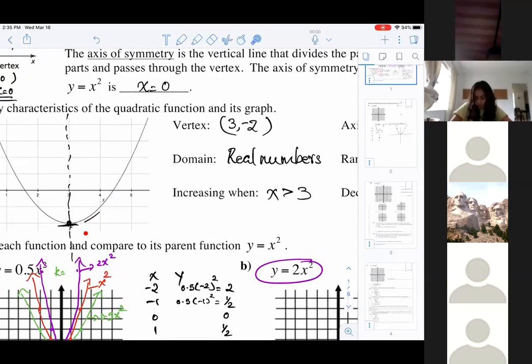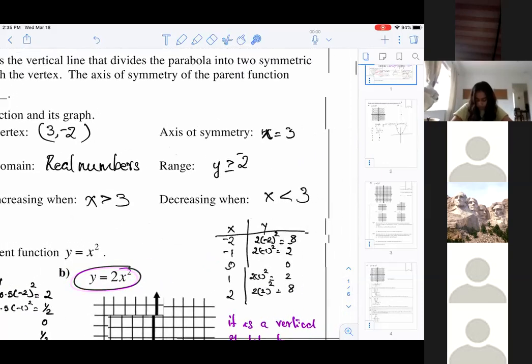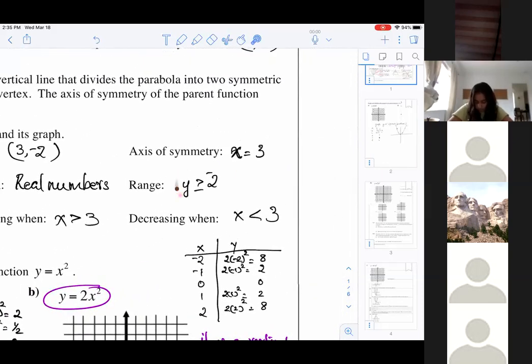See that this is the vertex right here. You see that there is nothing below that point. So you look at the y coordinate of this, which is -2, and say that y is greater than or equal to -2. That's how you decide the range.